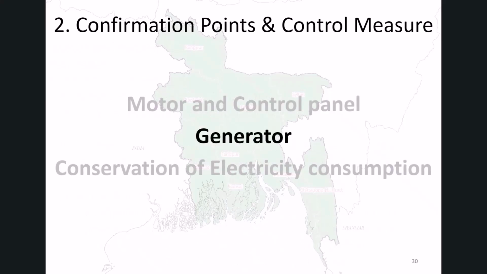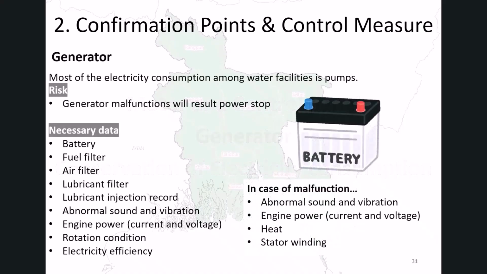Now we check generator. A generator serves as a backup power source when the commercial power supply fails, meaning any generator failure risks a complete shutdown of the water supply service.